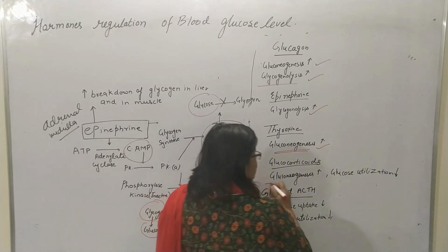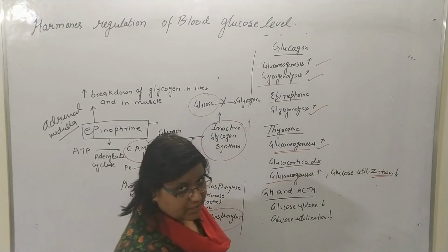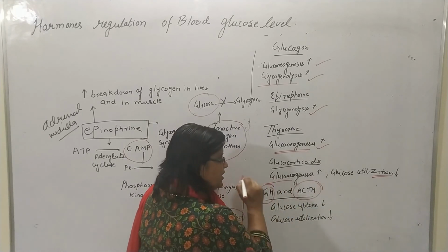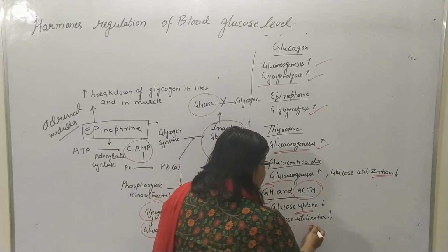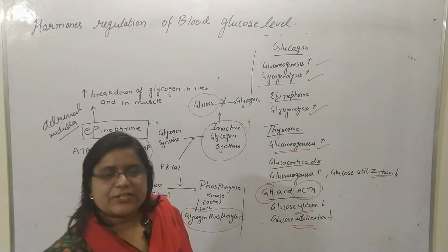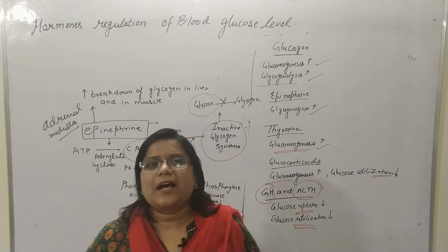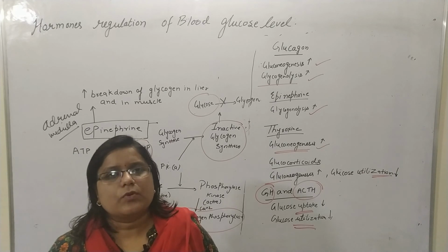Glucocorticoids increase gluconeogenesis and decrease glucose utilization. The growth hormone and the ACTH decrease the glucose uptake by the cell and also decrease the glucose utilization. So by this process, these hyperglycemic hormones perform their function and increase the blood glucose level.